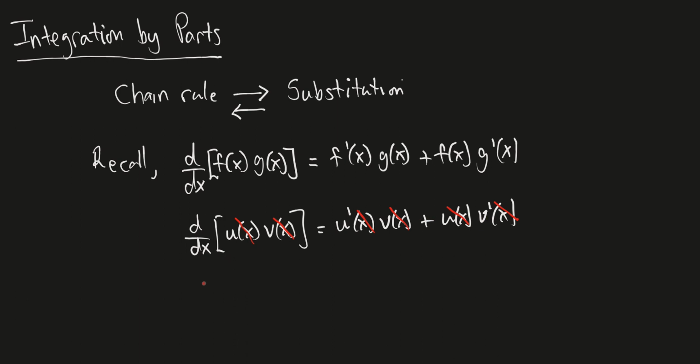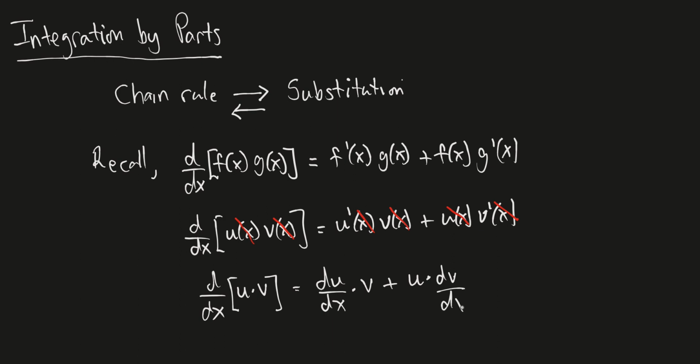So I have d dx of u times v, and then instead of writing u prime, I'm going to use the Leibniz notation for these derivatives as well. So this will be du dx times v, plus u times dv dx.